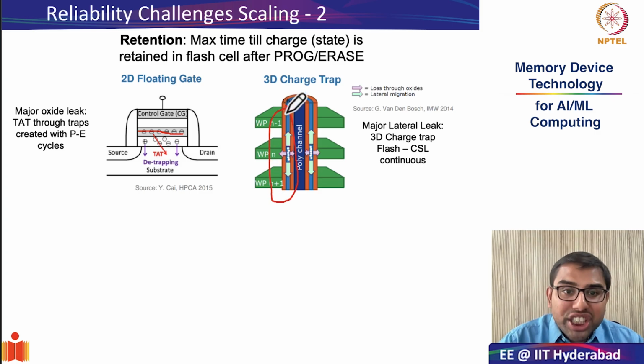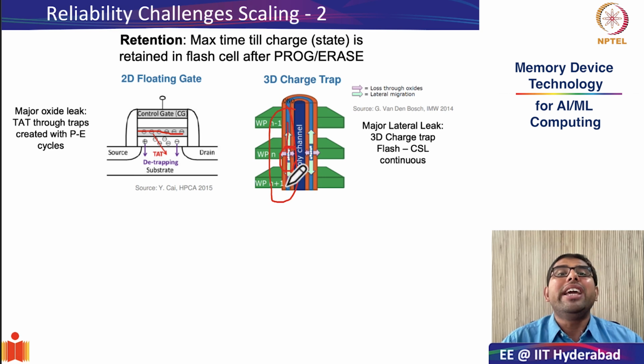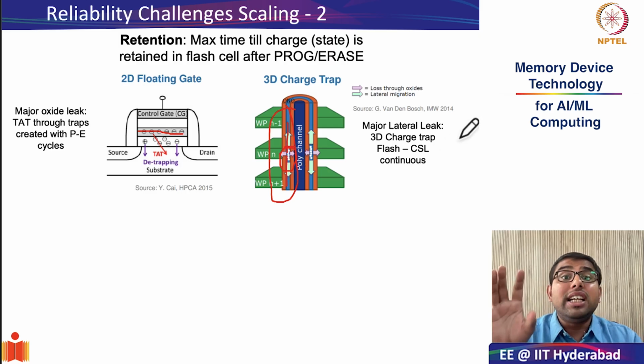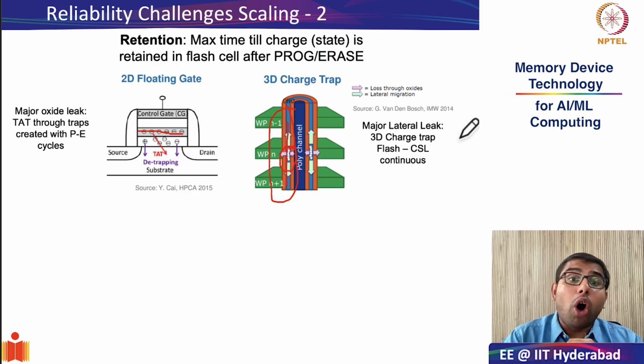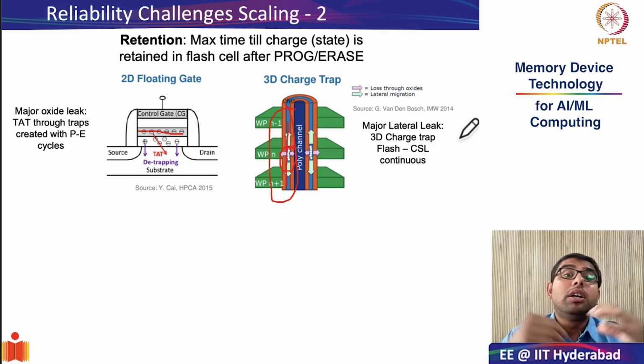There is no isolation, as is the case in the 2D floating gate transistor. Therefore, if some charges are stored in one word line, there is a chance that they might leak out laterally also. This is called lateral charge migration, and it is a very big problem for charge trapping transistors generally used in 3D NAND.